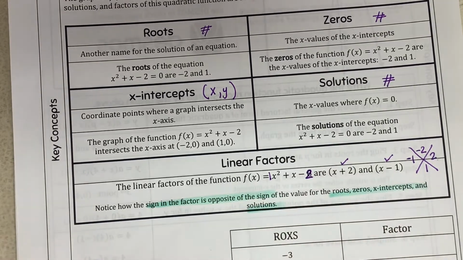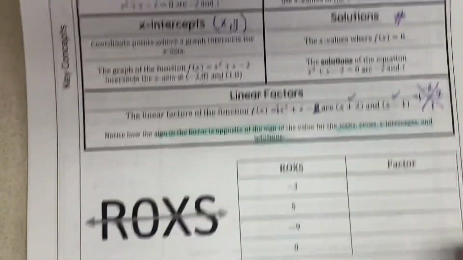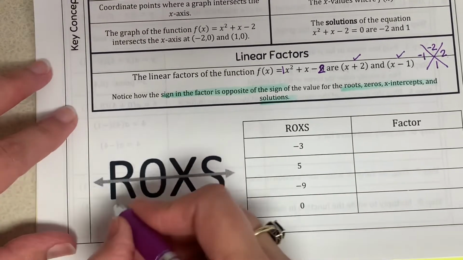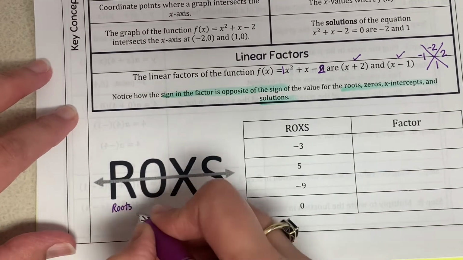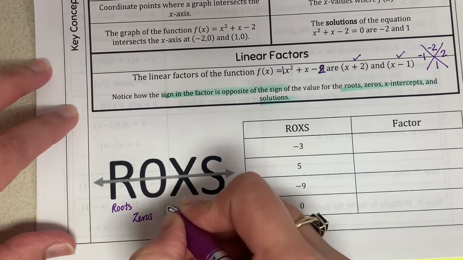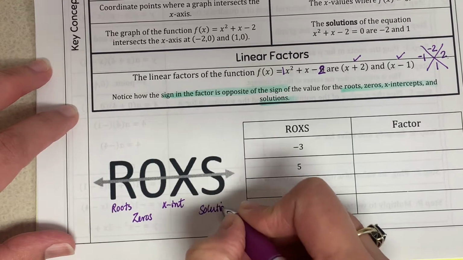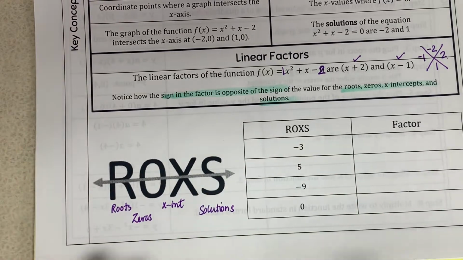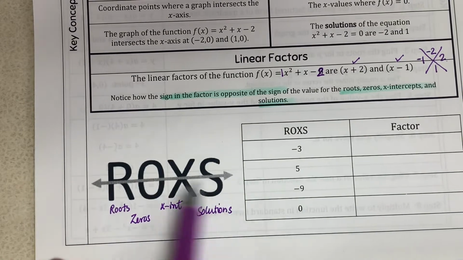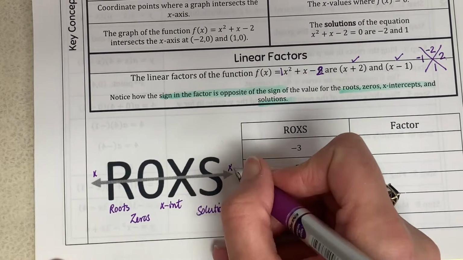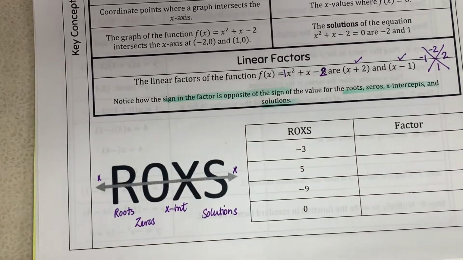And I'm going to be using the word rocks, so you remember that roots, zeros, x-intercepts, and solutions, all of them are the same things. The easier notation over here is rocks: roots, zeros, x-intercept, and solutions. And you make a horizontal line, that helps you remember that I'm talking about the x-axis. So you remember it's the horizontal axis.